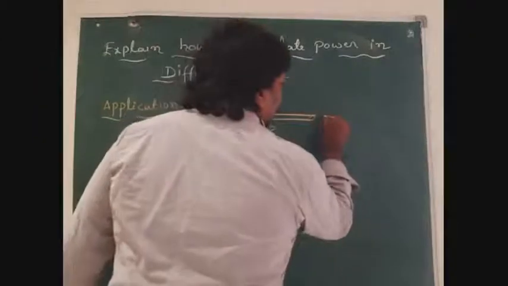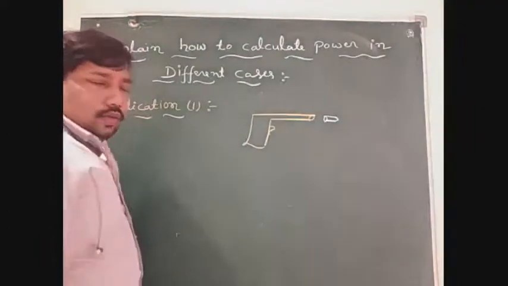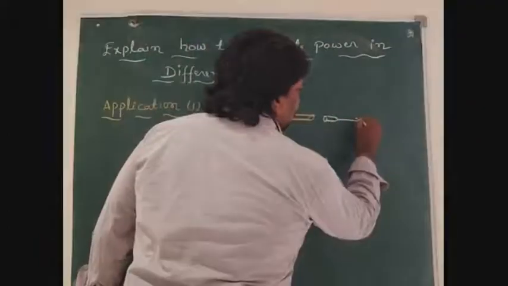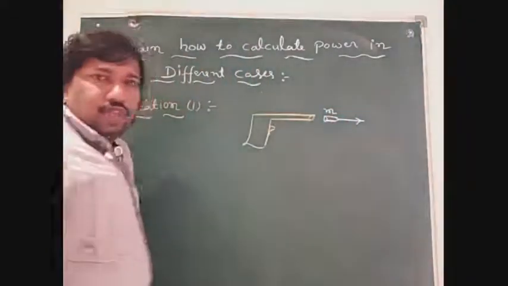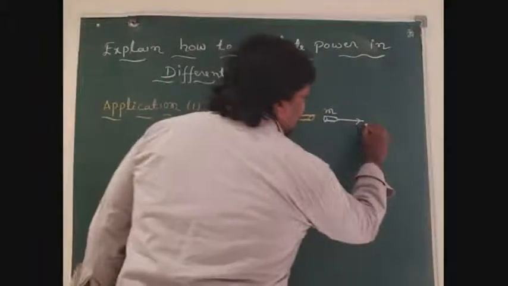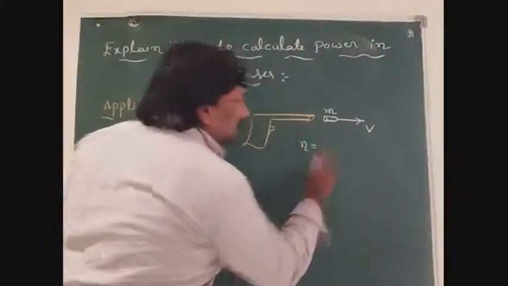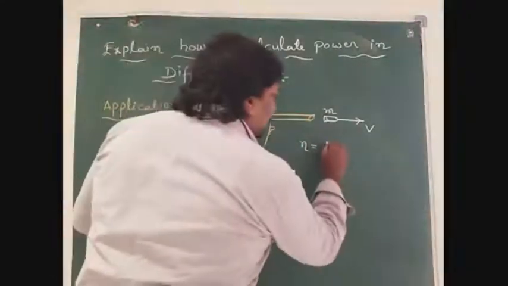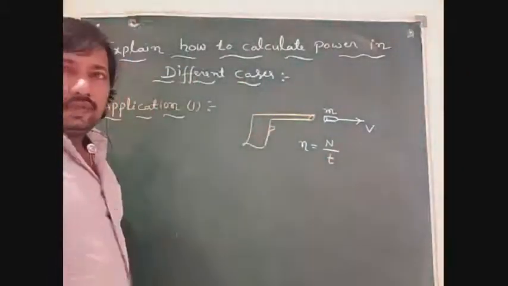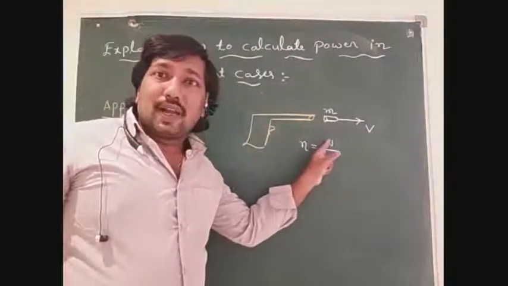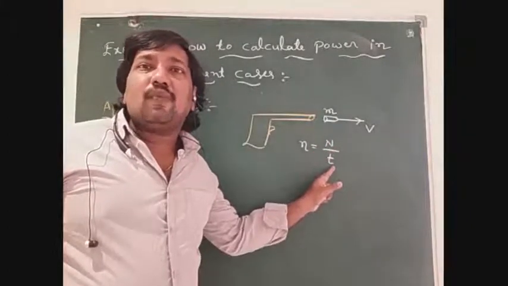Here small n is the number of bullets released from the gun per second, and t is 1 second.